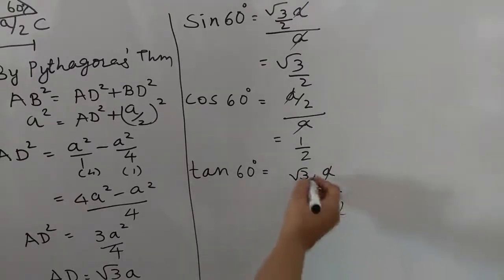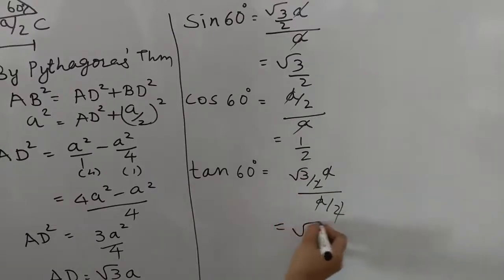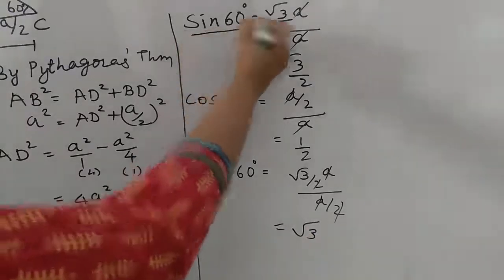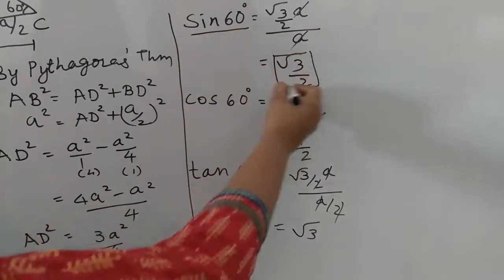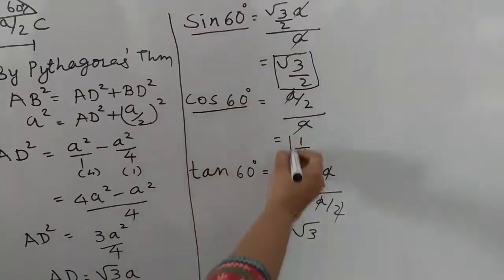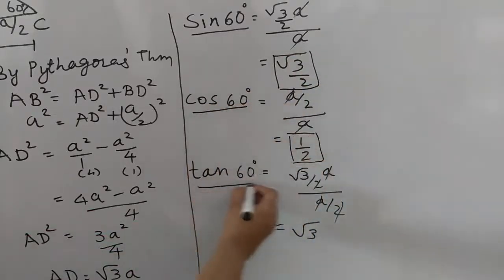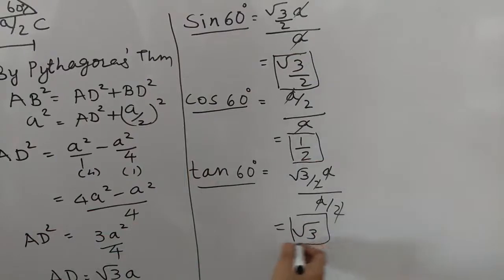So the A cancels and 2 also cancels, and we are left with root 3. Likewise we get sin 60 degree as root 3 by 2, cos 60 degree as 1 by 2 and tan 60 degree as root 3. So we have found all three ratios, sine, cos and tan, of 60 degree.